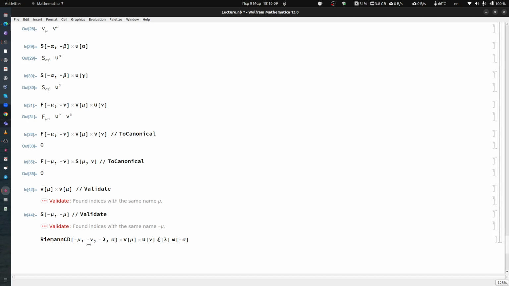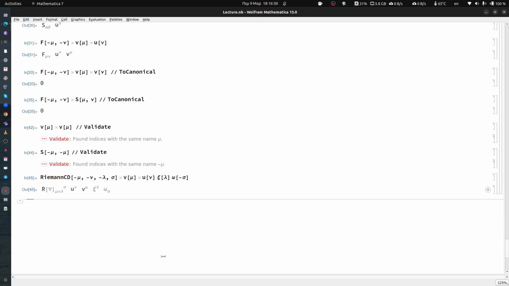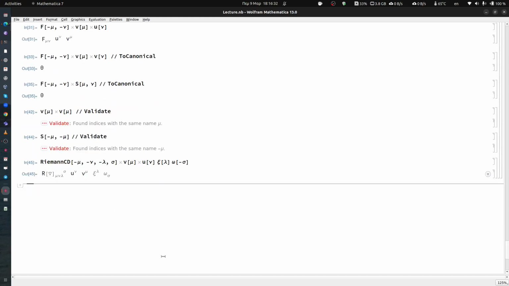Of course, now that we have a metric, it doesn't matter because any index can be raised and lowered, but here I write it in the politically correct way. So I contract all those indices with the vectors and 1 forms that you see, and I obtain the result shown here.